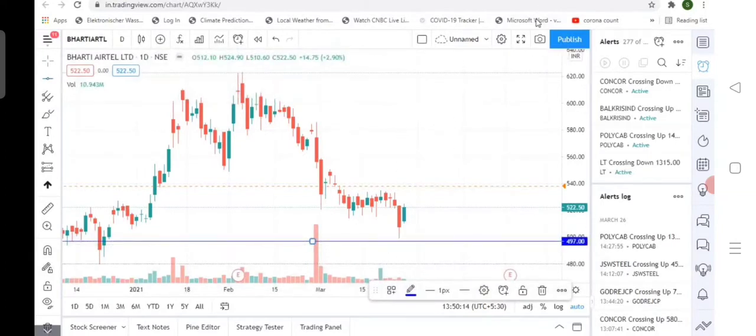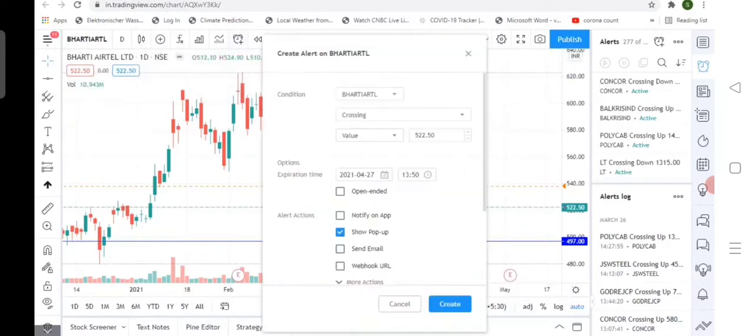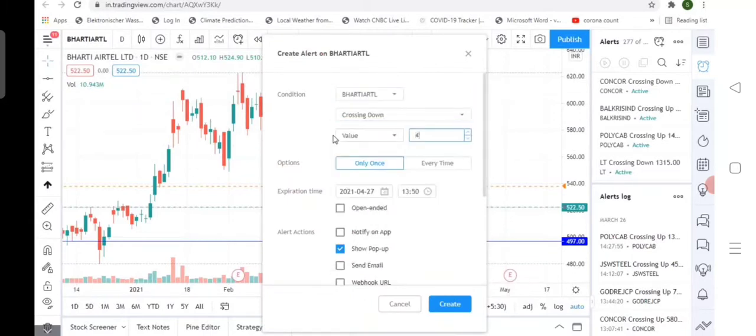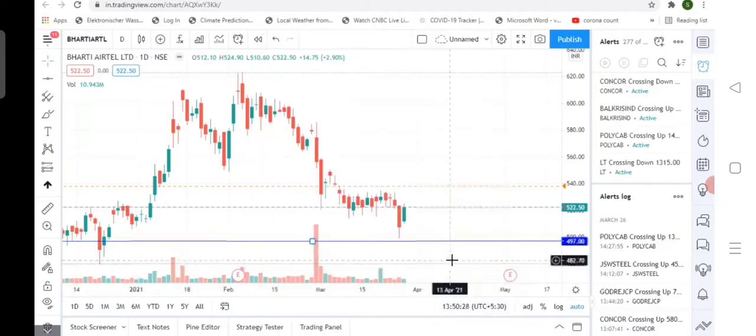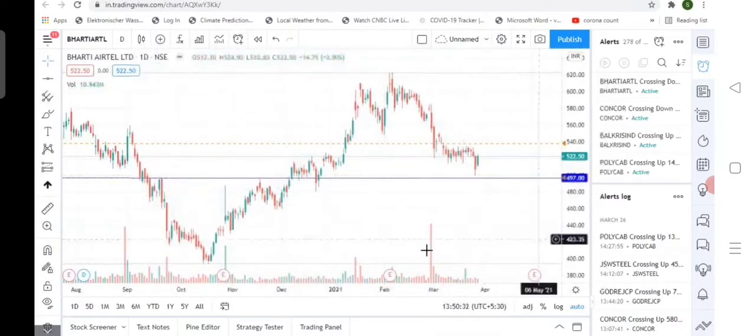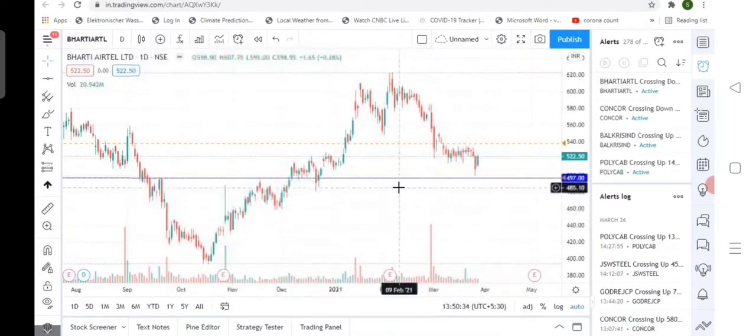This is also an important factor. Okay. So I am putting another alert on Bharti Airtel. This is my habit. When I am continuously looking at a chart, I find the important levels. I always mark them so that it is useful for me next time.